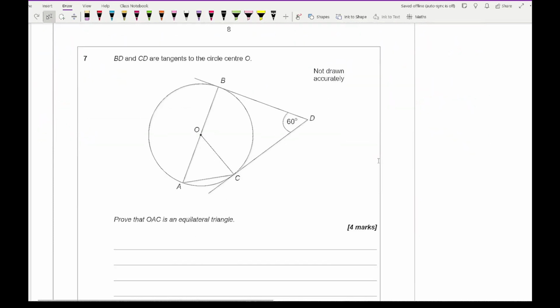Then moving on to question 7, it says BD and CD are tangents to the circle with centre O. Prove that OAC is an equilateral triangle. So first things first, let's state the facts.